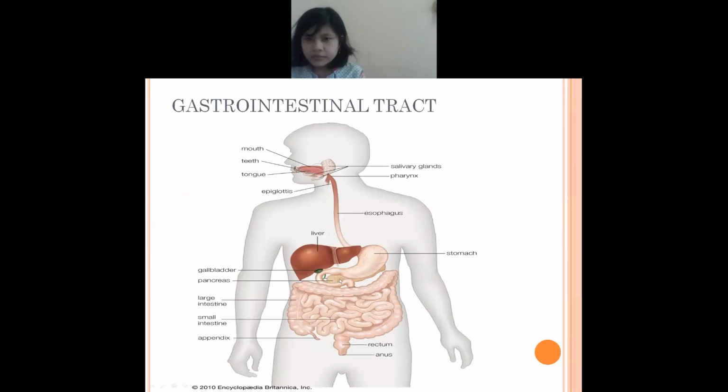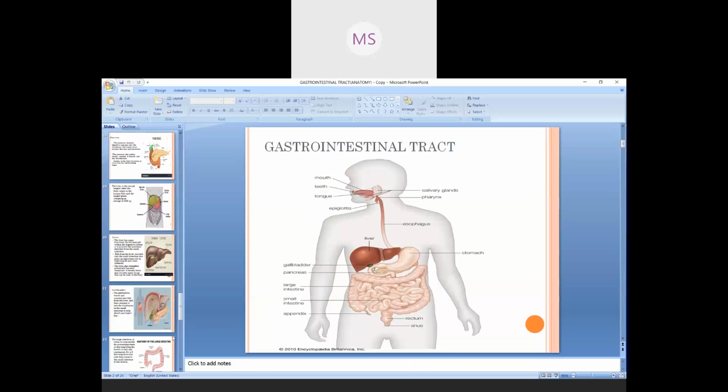Can you see this leaf-like structure? Yes, it is just behind the stomach. The pancreas is a leaf-like structure. I already told you, it's like a leaf only. Okay, did you get it now? Yes, ma'am. Okay, so it's nearby your stomach.